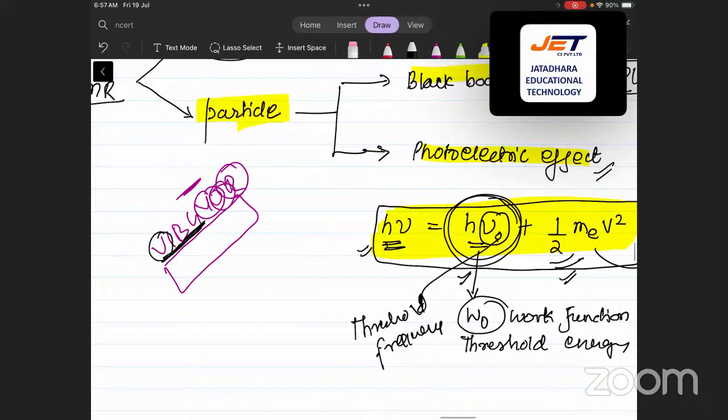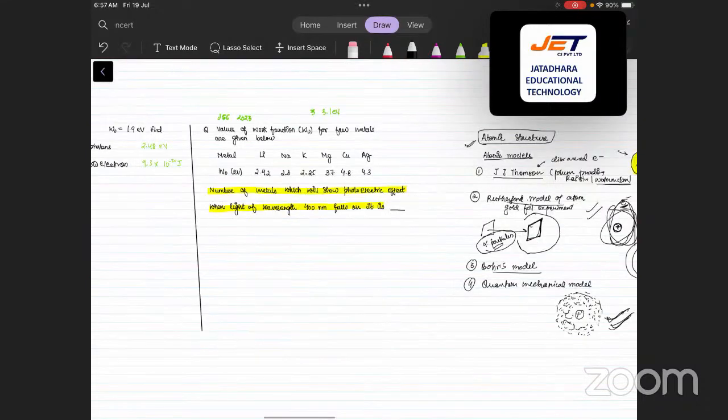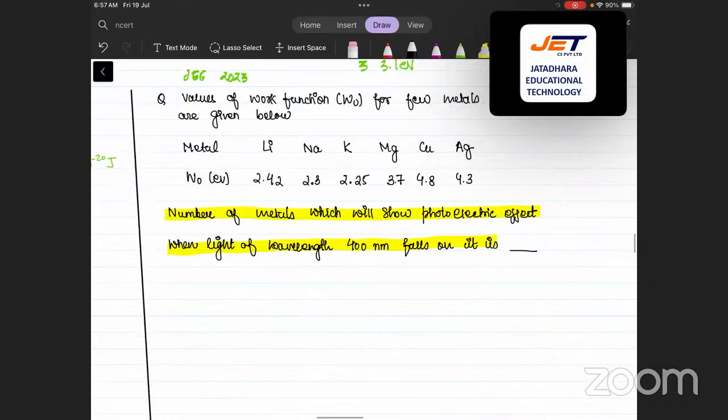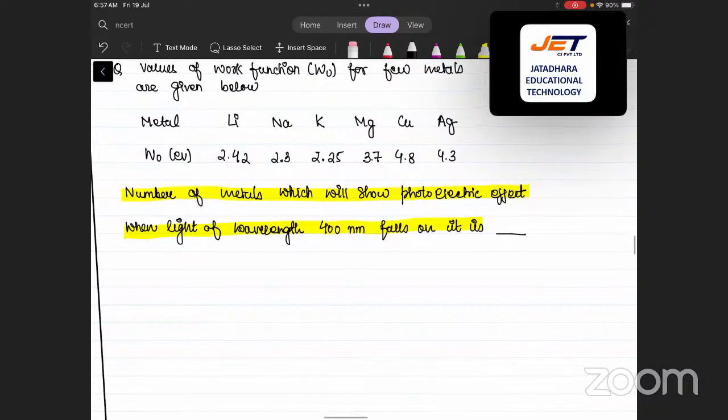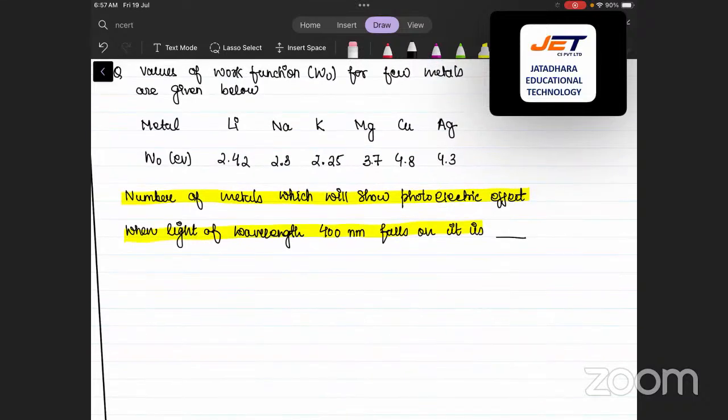You will be given the energy, and then you have to do your calculations. You can note this down or take a screenshot. First you have to try it, and then of course when we are solving the numericals, we will solve this and see the answer.